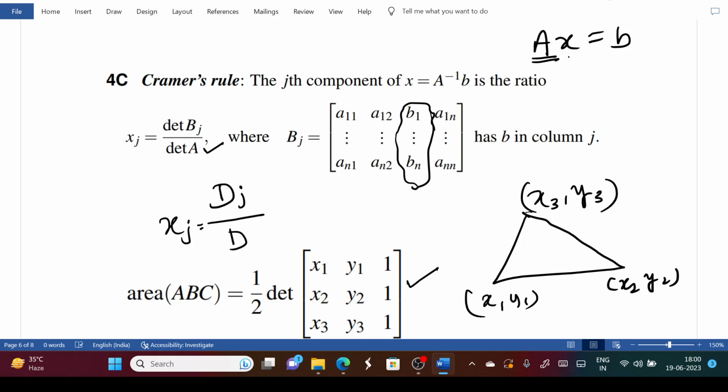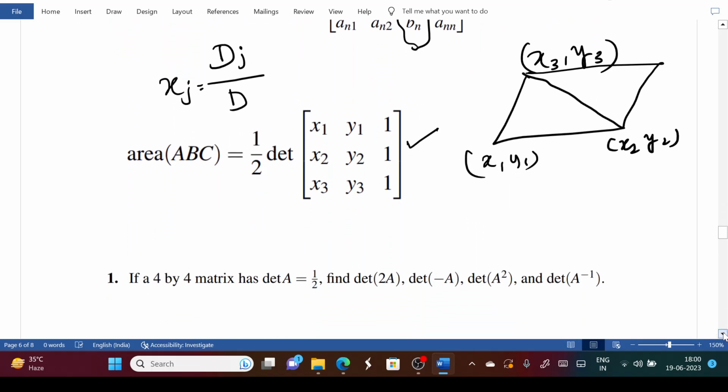If the corresponding parallelogram is asked, then the area will be this determinant itself without this half symbol. Twice the area of the triangle is the parallelogram. So here the area of the triangle is being asked, so this question does not arise. This part I am not considering.